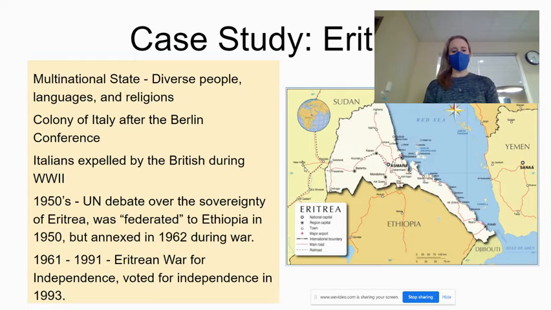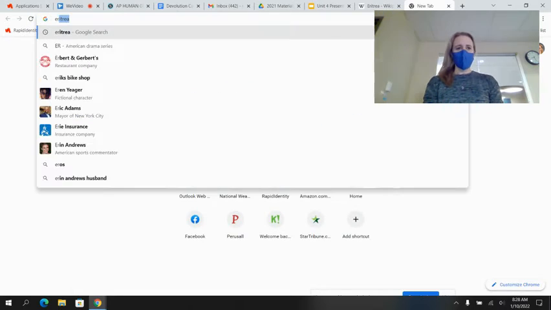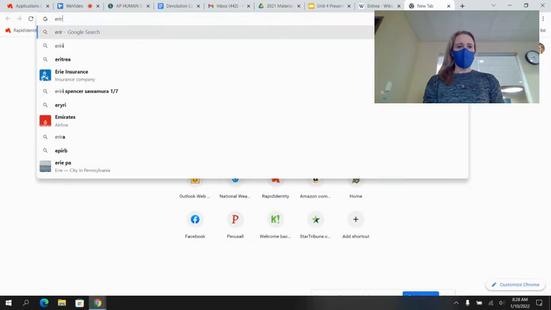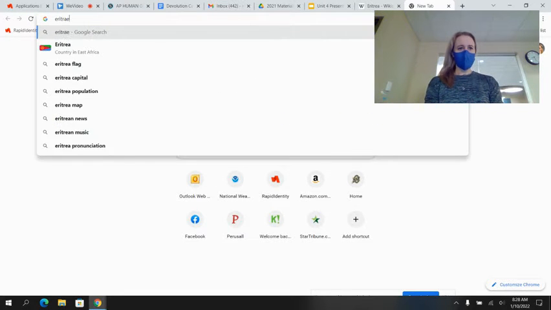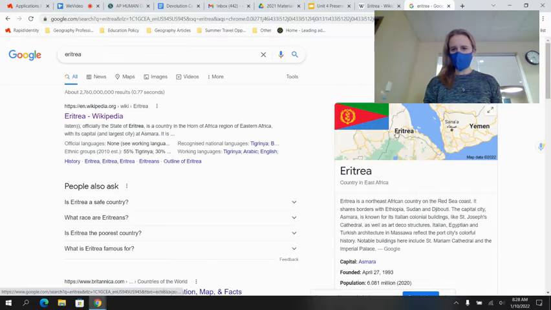So Eritrea, I'm going to pull it up on a map really quick because this map doesn't really give us a good sense of where it is.